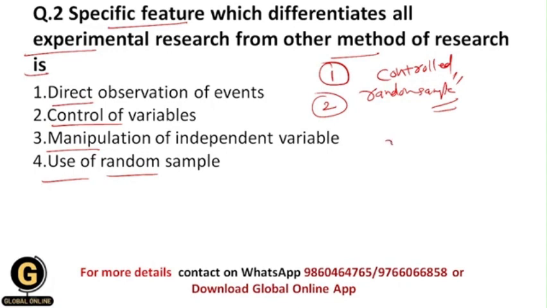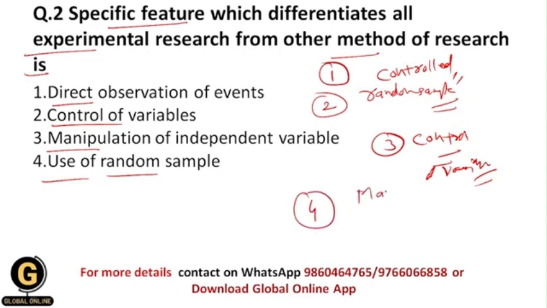Now next is control of variables. So we are going to have proper, or you can say complete, control on the variables in the study. Basically we control all the other variables in the experimental research apart from the variable which is under study. And the fourth one is manipulation of independent variable.